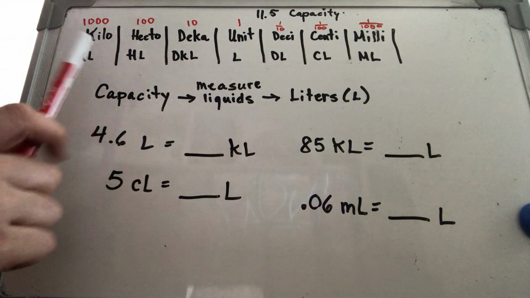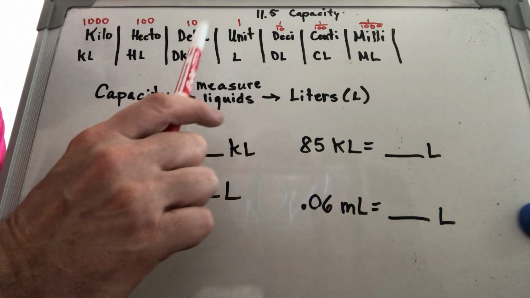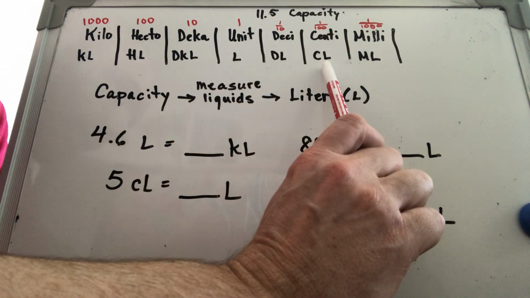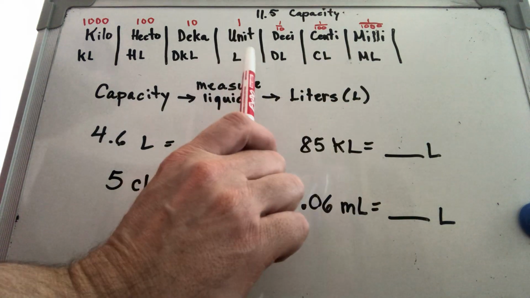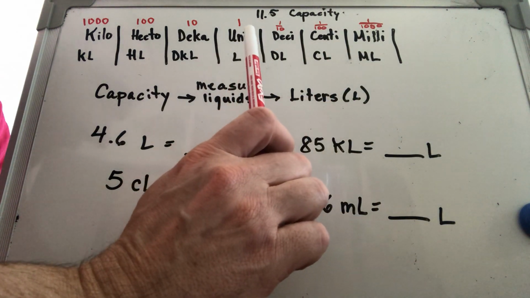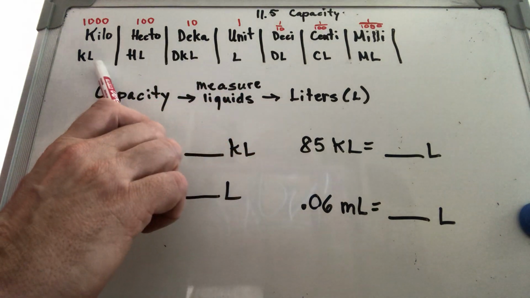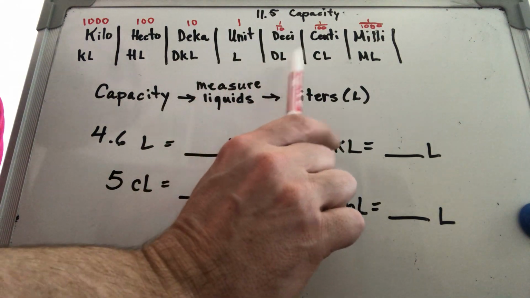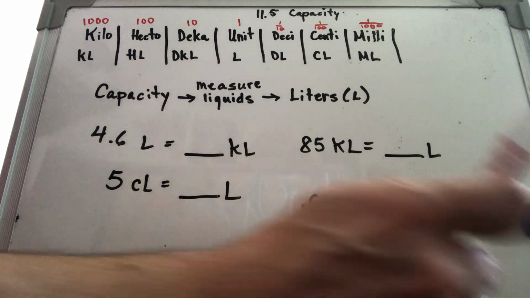Now it's KL for kiloliter, hectoliter, decaliter, liter, deciliter, centiliter, and a milliliter, which are the smallest. And remember, it's just like our place value system. Every time we go one column to the left, it gets 10 times greater. And when we move to the right, it gets 10 times smaller, or you can say 1/10 of.